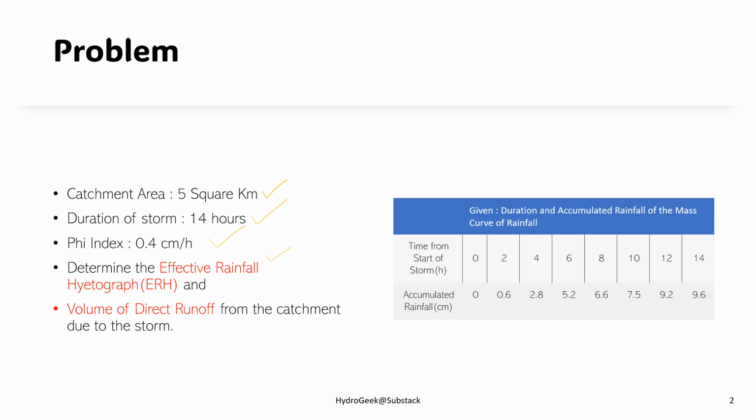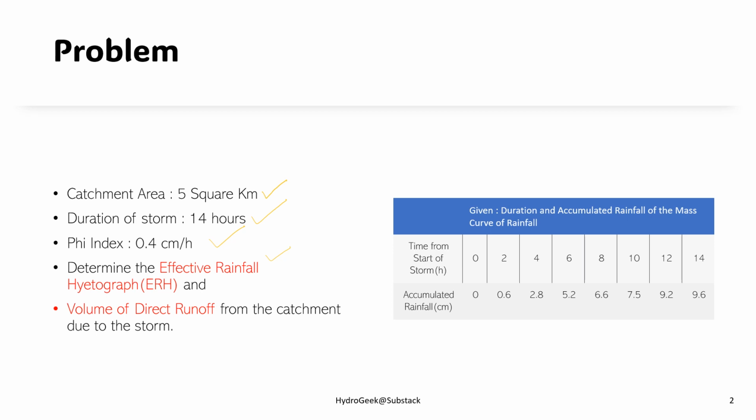What is ERH? I have already explained. And the volume of direct runoff: how much volume of direct runoff has been produced due to that storm. And this is the table which shows the duration and accumulated rainfall of the mass curve of rainfall.